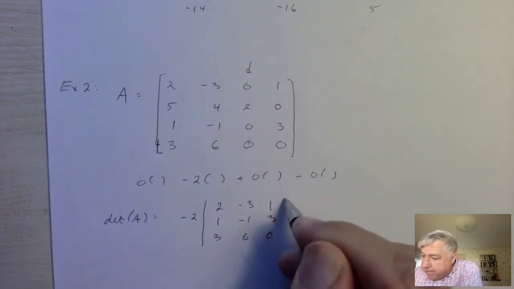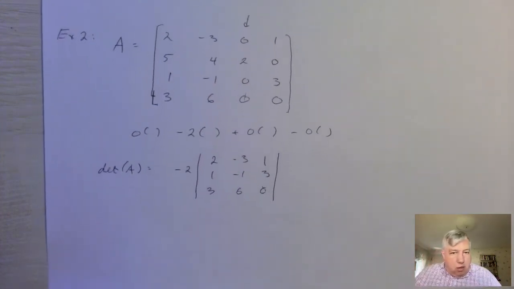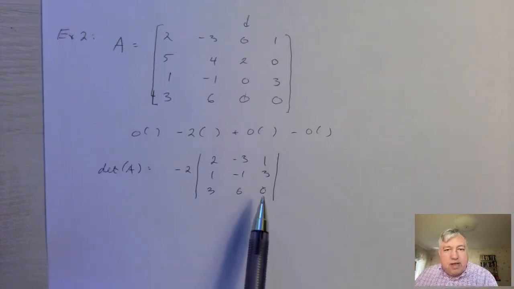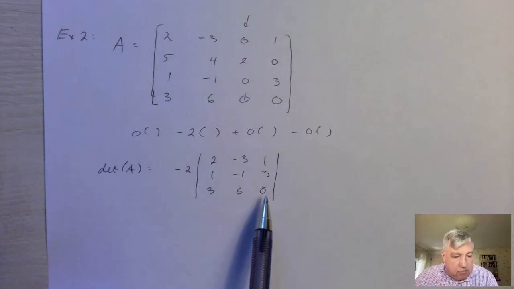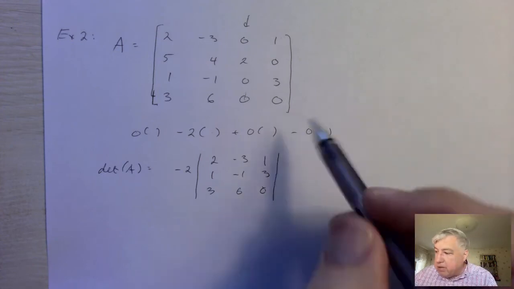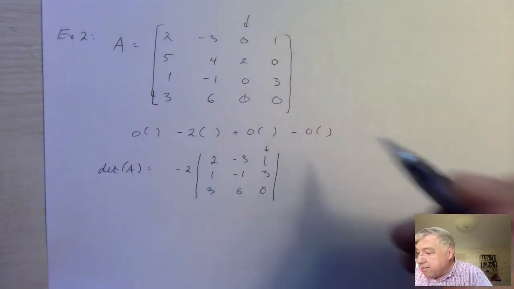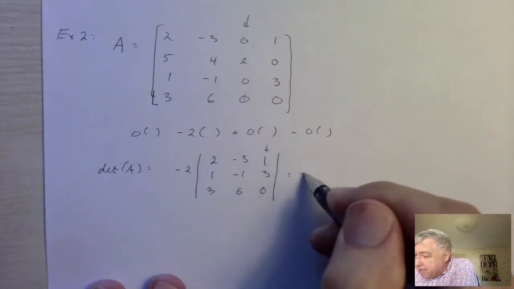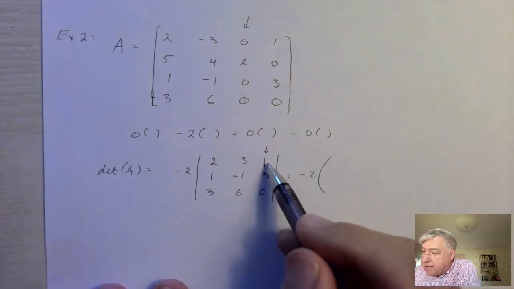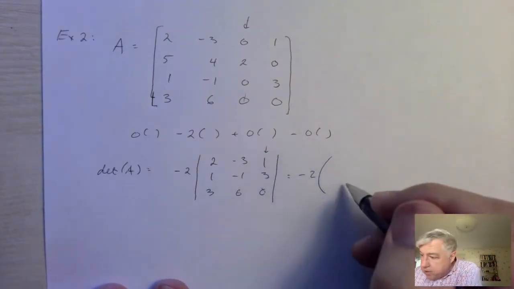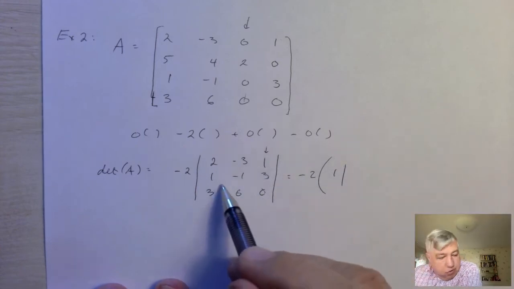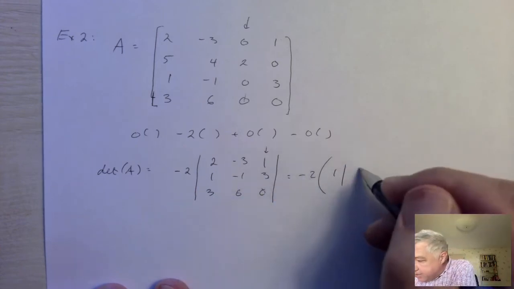All right. Okay, now here we also have a very nice situation where we have a 0 here, so that will help. So we can probably just go ahead and expand along this column right here. So this is going to be negative 2, and then this will be 1 times the matrix 1, negative 1, 3, 6.